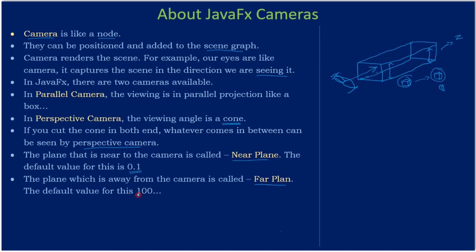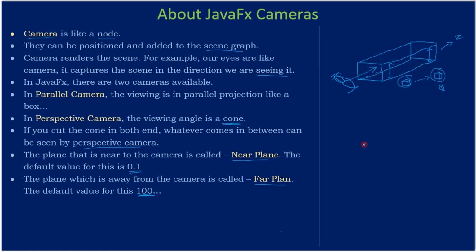And the default value for this one is 100. Near plane and far plane. So one side of the cone is near plane and the other side of the cone is far plane, and whatever object is in between, that can be seen by the perspective camera.